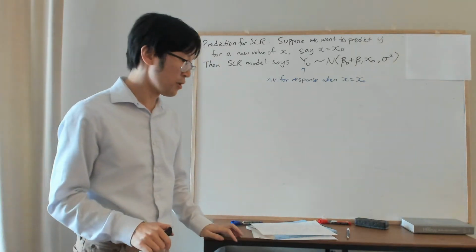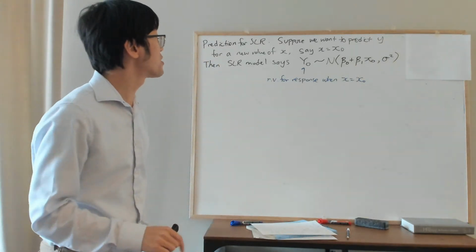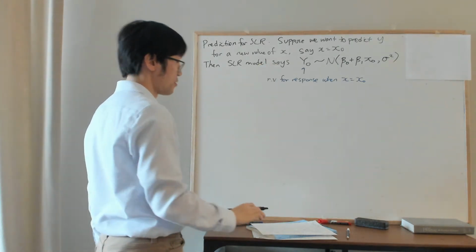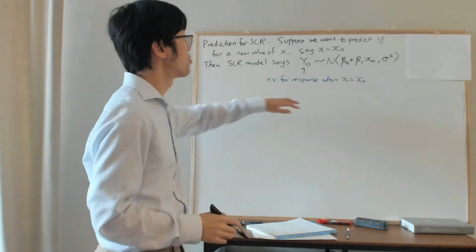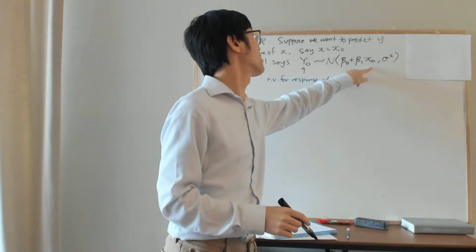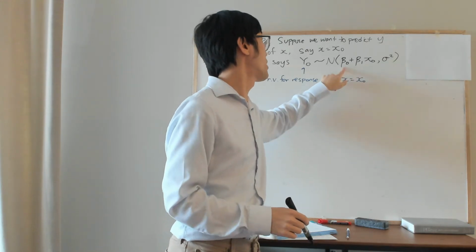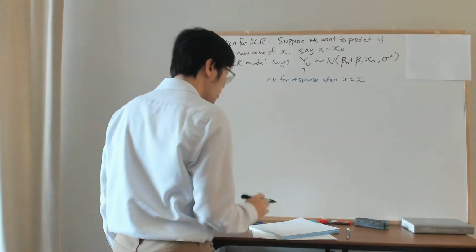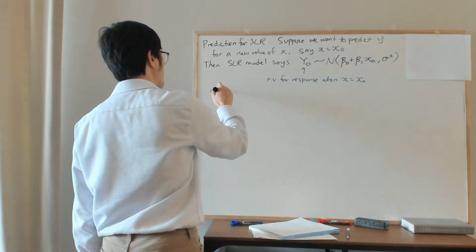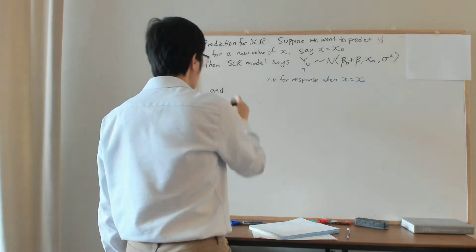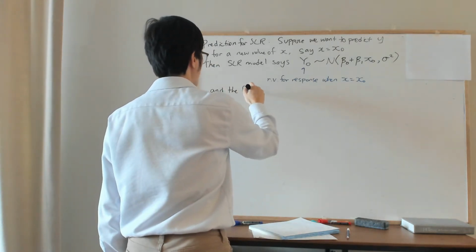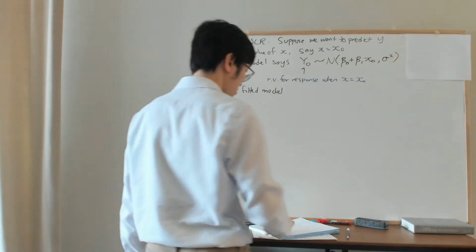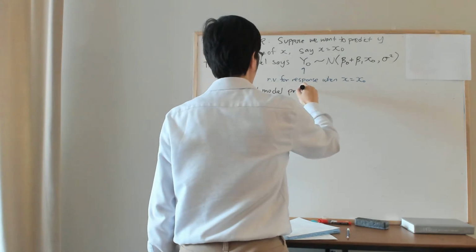Once we have those estimates, we can calculate the predicted value, and the natural one is simply to take the value of the regression line at the estimates. Let me write that down and then explain it. So based on the fitted model, it predicts the value of y.